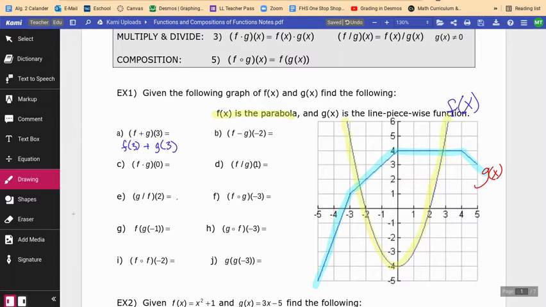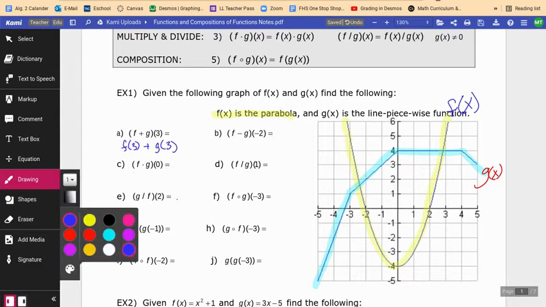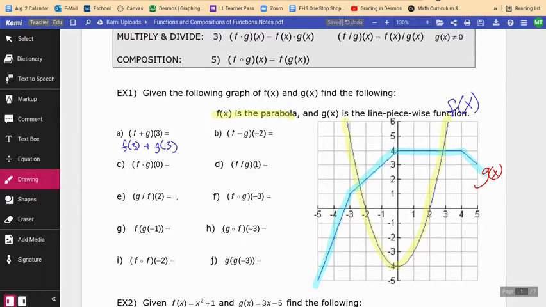So f of 3 tells me that I have an x value of 3, and my job is to find the y value associated with that for the f of x function. So I'm going to draw a dotted line. This is when x equals 3. And I have two intersection points.